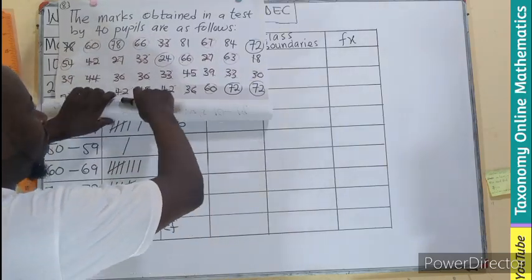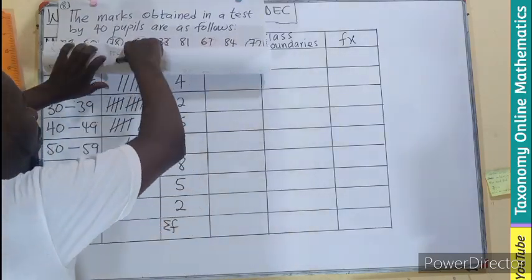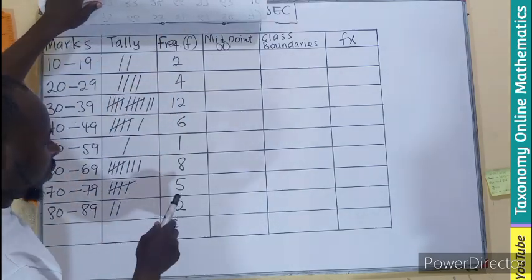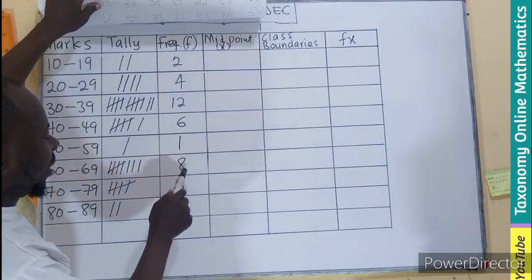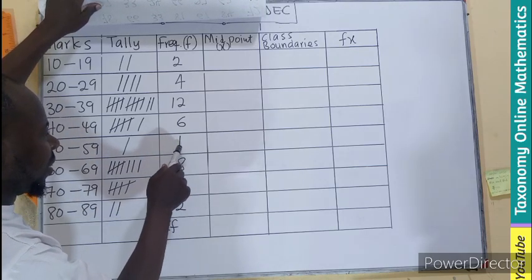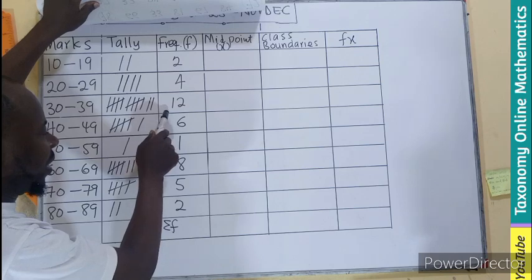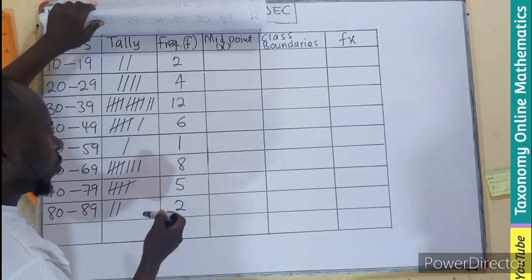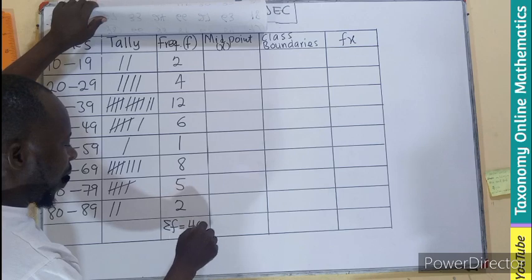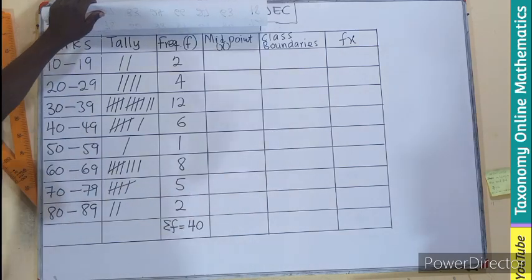Remember, we have been given 40 in the beginning, so we should get 40. So 10, 15, 16, 20, 30, 38, 40. So that is correct. It means that our tally and frequency are correct.